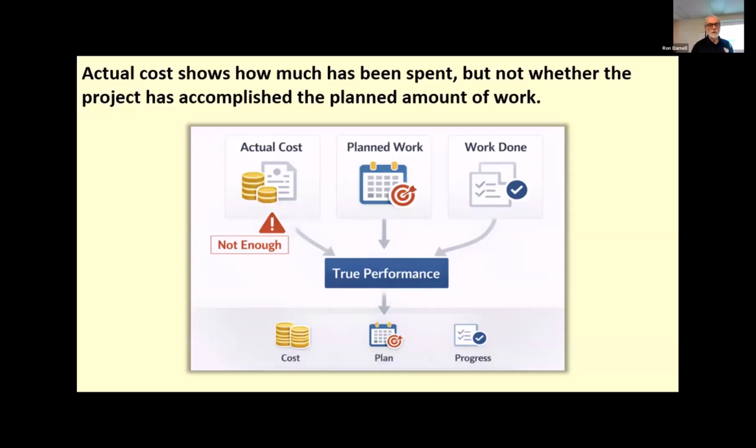On the other hand, a project may be expensive at a given point in time, yet still performing reasonably when it's completed a substantial amount of the planned work. In other words, spending must be interpreted in relation to performance, not viewed in isolation. So in the class notes on earned value, I support this by defining actual cost as only one of three earned value data points.